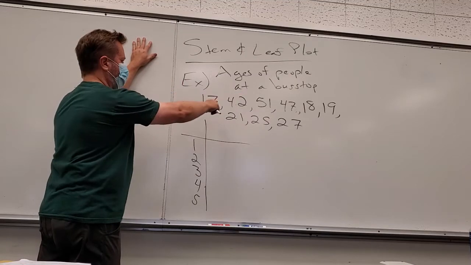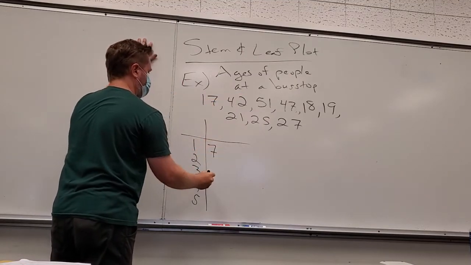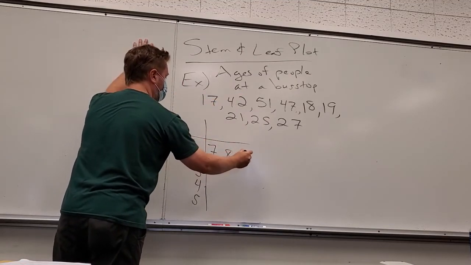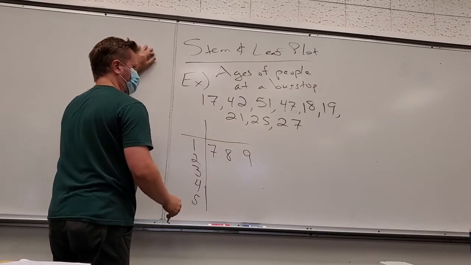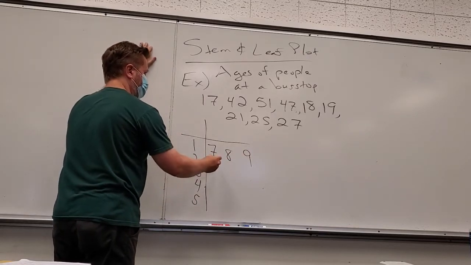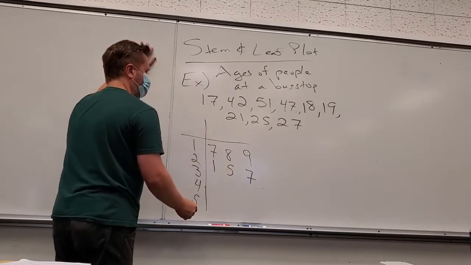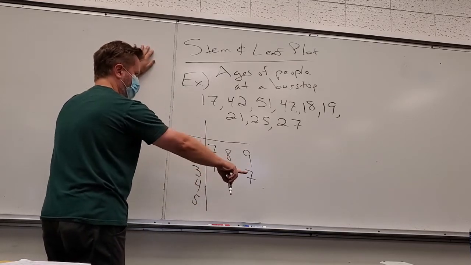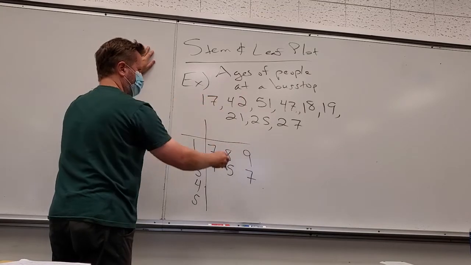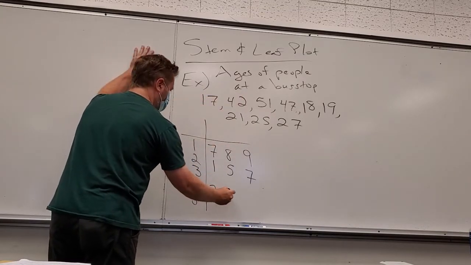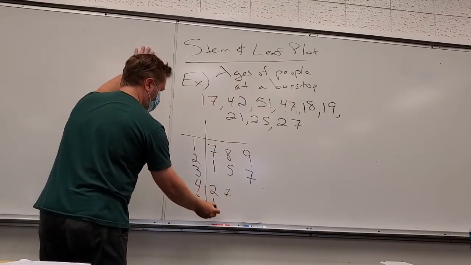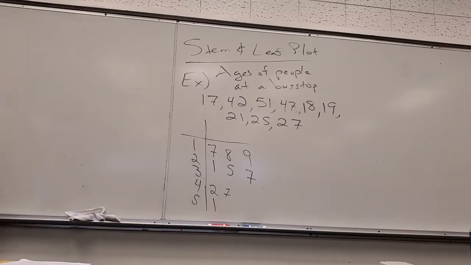I got a 17, so 7, 8, 8, 9. And my 20s? 1, 5, 7. No 30s, right? So that's empty. 40s, 2, 7. 50s, 1.